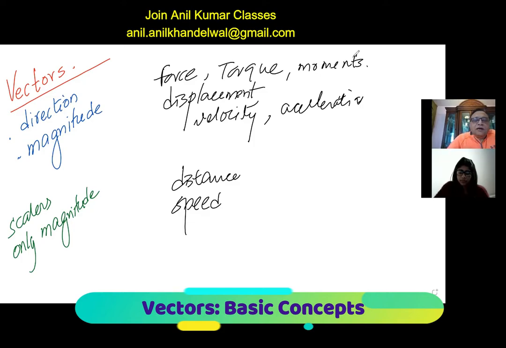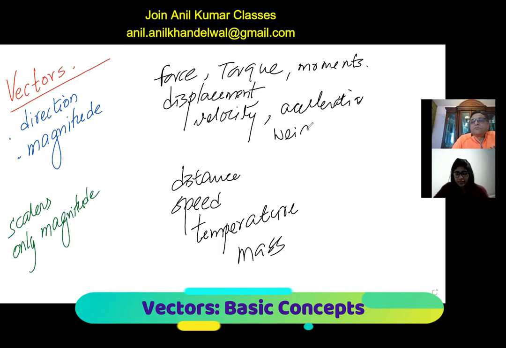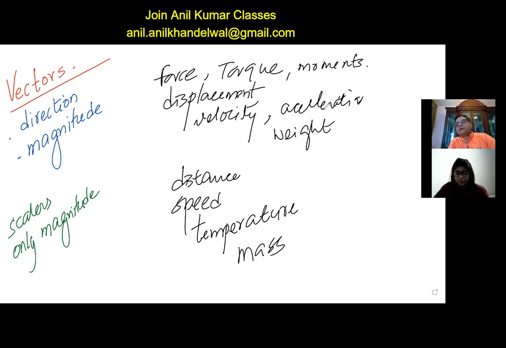So what is temperature? Scalar. It doesn't have direction. Now mass and weight, very important. When we say mass, it is the matter contained in the body. Mass remains constant whether you are on the earth or on the moon.